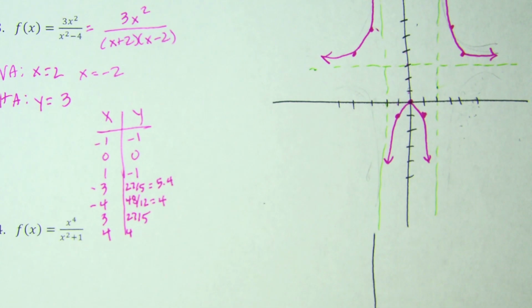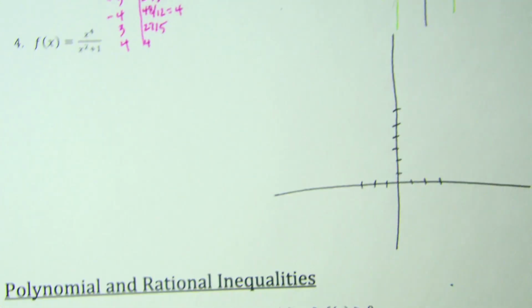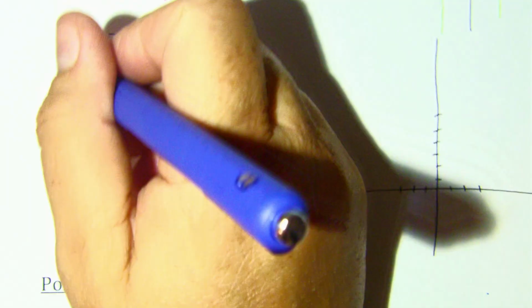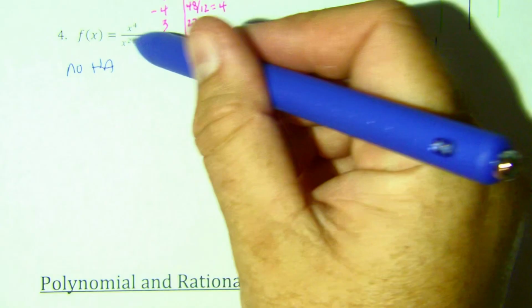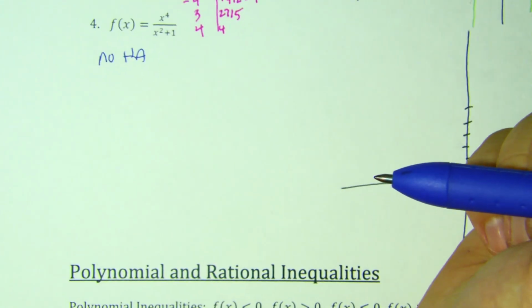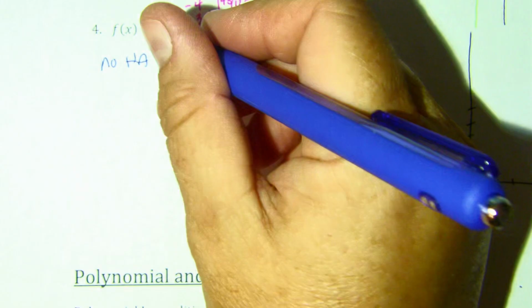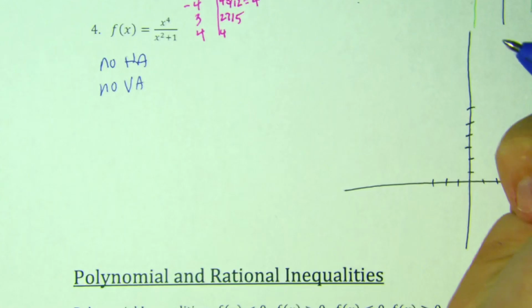Last example here, we have x to the fourth over x squared plus 1. And because the degree of the top is bigger, there are no horizontal asymptotes. If I tried to factor the bottom, there's nothing within real numbers that would factor that, and so there's nothing that would make the denominator 0, so there's no vertical asymptotes.